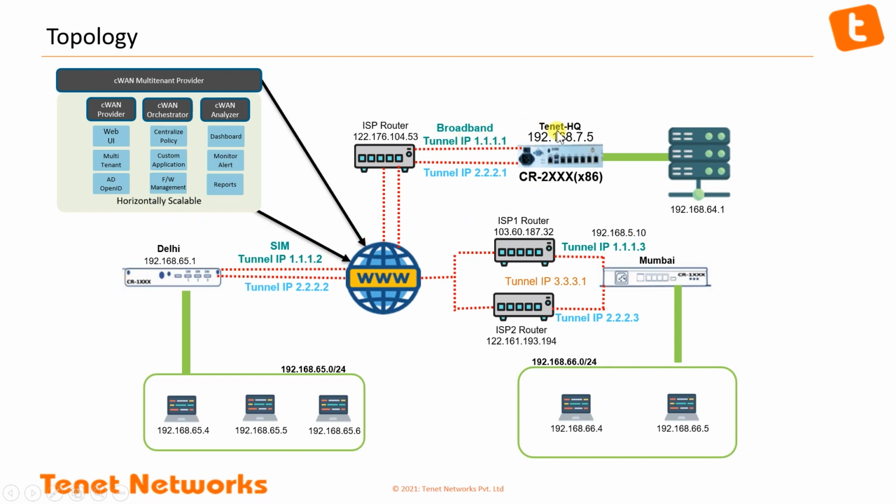Let's say this is our server and these two are our branches. We can apply it just on our branches and leave HQ, or we can apply it just on Delhi and Mumbai, or both of them. So now we'll go ahead and get to the configuration.